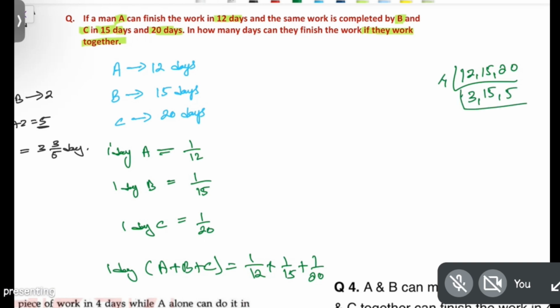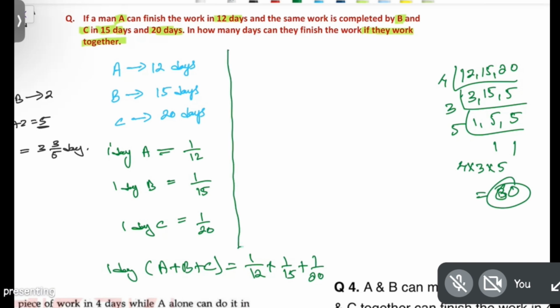So I'll go by 3. 3 1s are 3, 3 5s are 15, and 5 down here. So 5 1s are 5, 5 1s are 5. So if you multiply 4 into 3 into 5, then 4 5s are 20, 20 into 3 is 60. So our LCM here is nothing but 60.